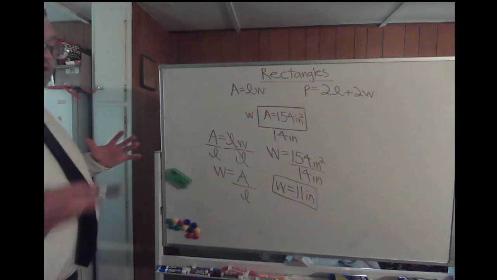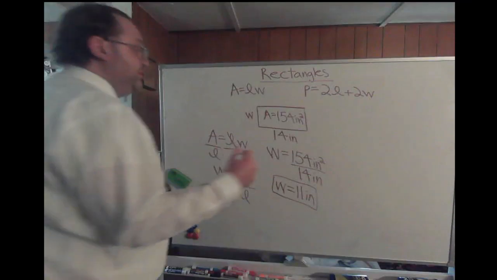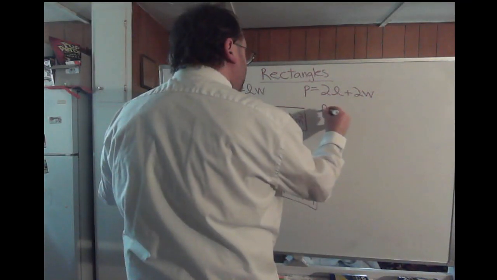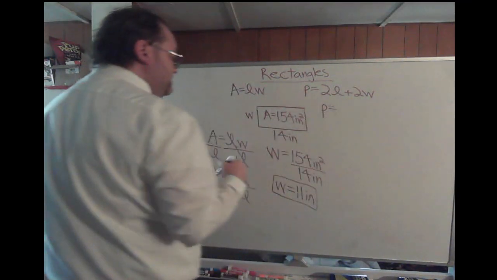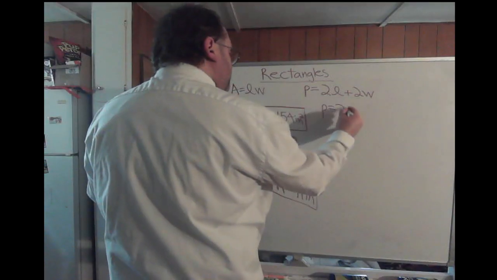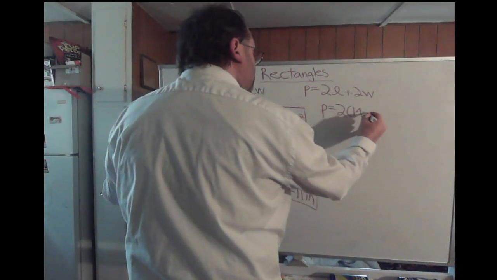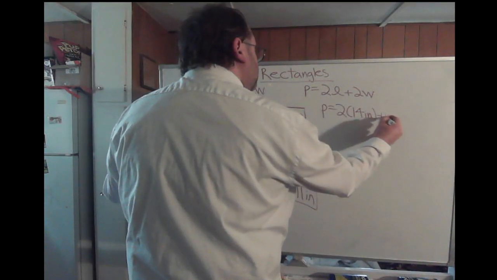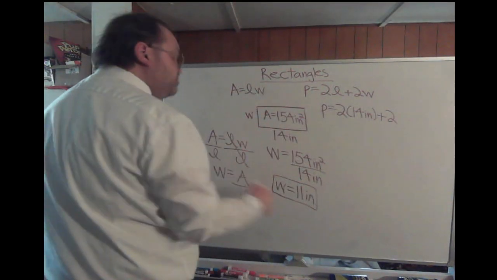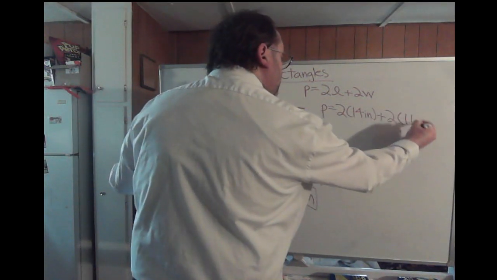Okay, so we found our width. Now let's find the perimeter of this rectangle. So the perimeter is equal to twice the length plus twice the width. So in this case, 2 times the length would be 2 times 14 inches, plus 2 times the width, which would be 11 inches, right?